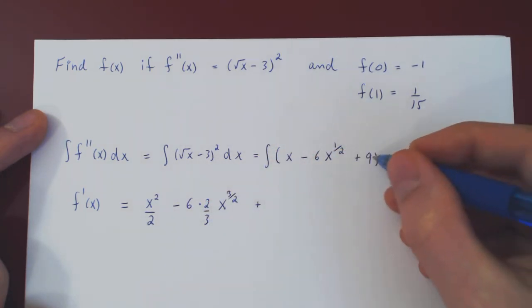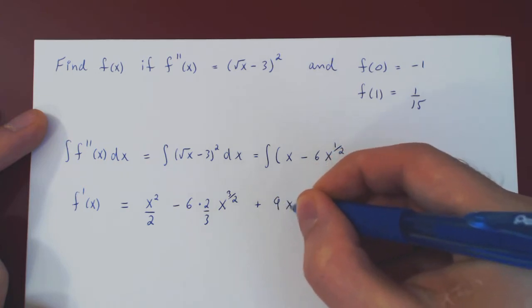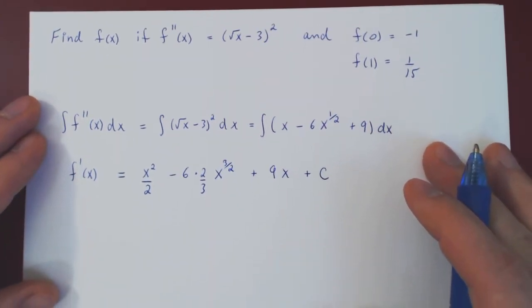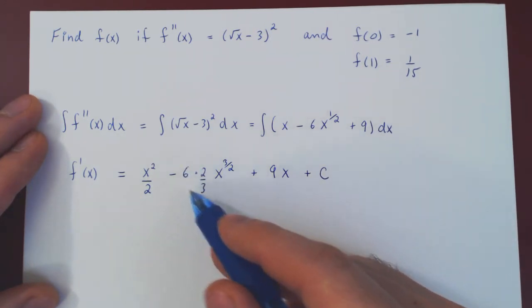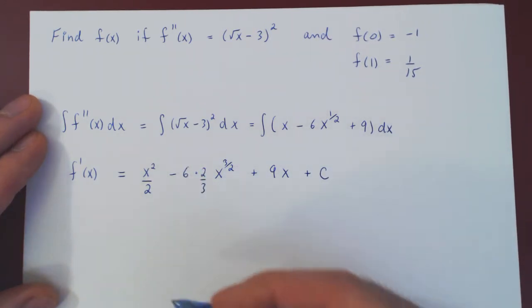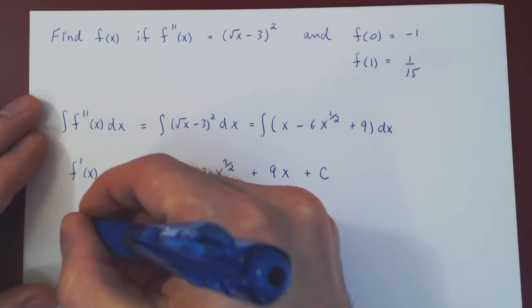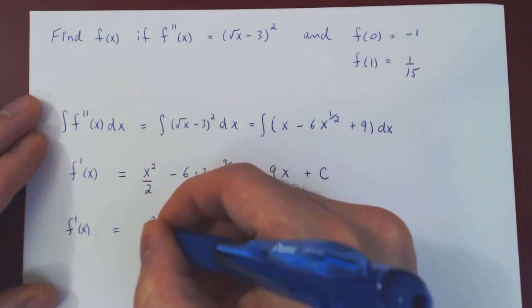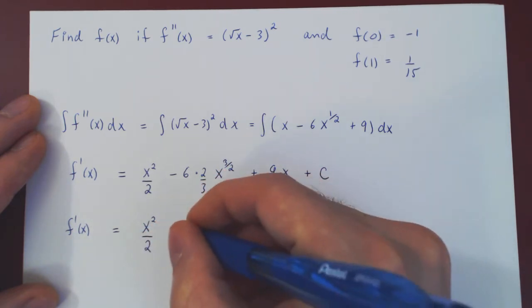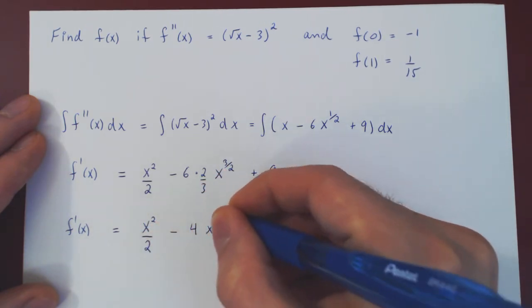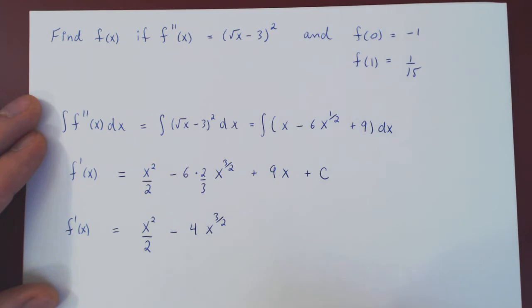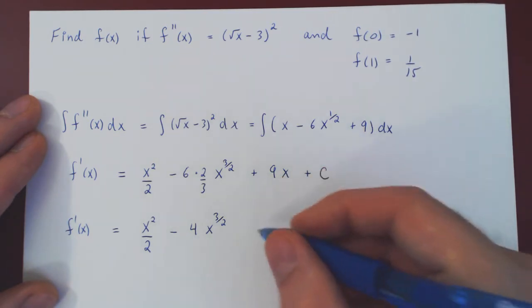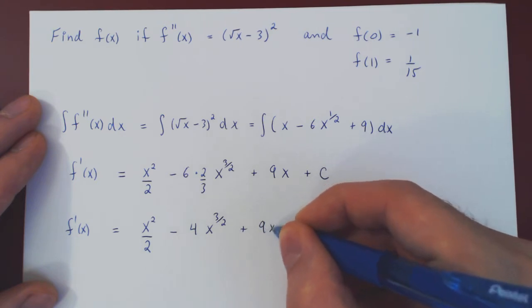Plus, and the integral of 9 is 9x, plus our constant of integration. Well, let's simplify a little bit, right? 6 over 3 is 2, 2 times 2 is 4. So we have that f prime of x is equal to x squared over 2 minus 4 x to the 3/2 plus 9x plus c.